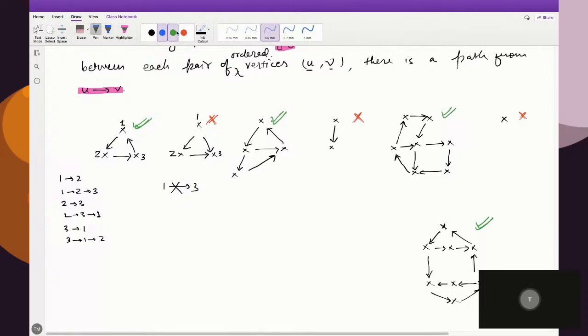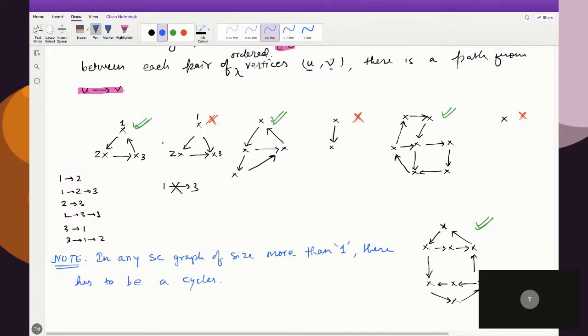So yes, let me make a note of it also: there has to be a cycle. Now, why is this true?